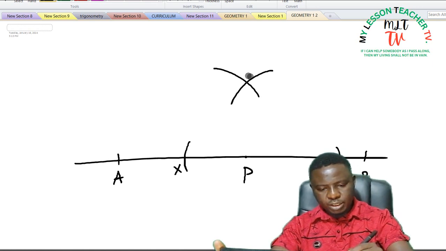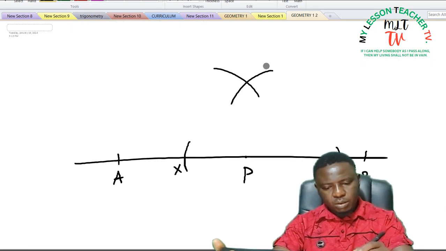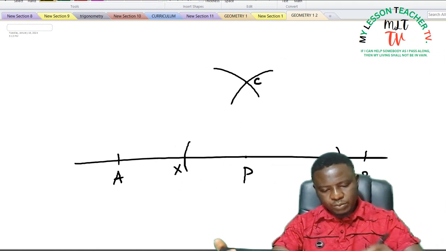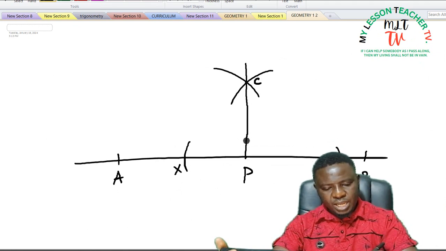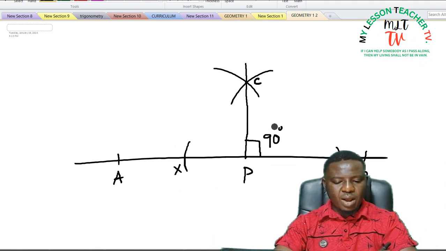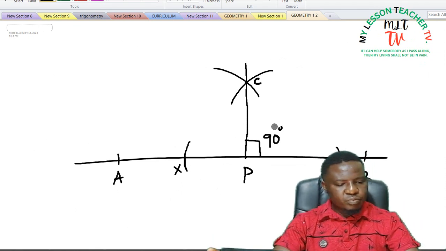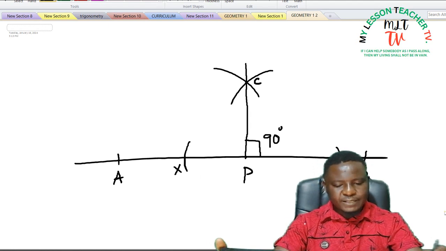When you join, let's call this point C. So when you join P to C, it gives you a straight line which is said to be angle 90 degrees. So this is said to be our angle 90 degrees. Let's follow the steps and see.